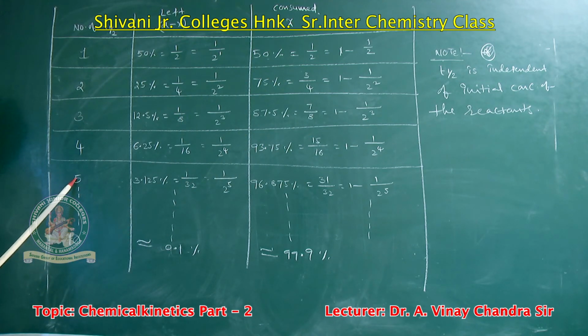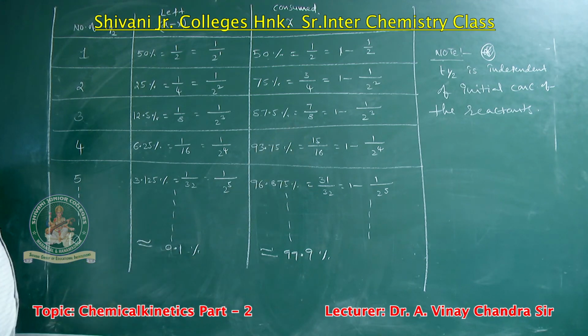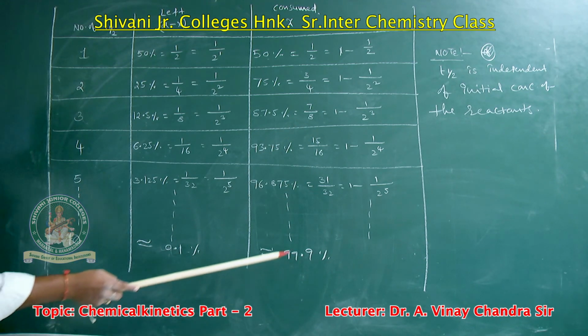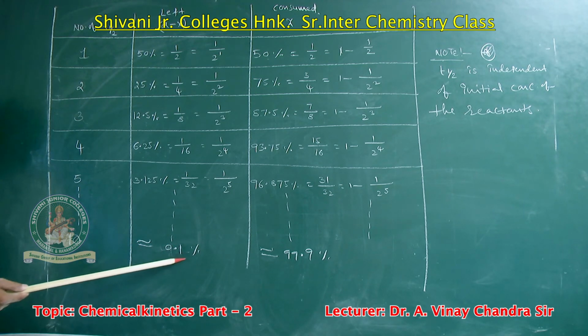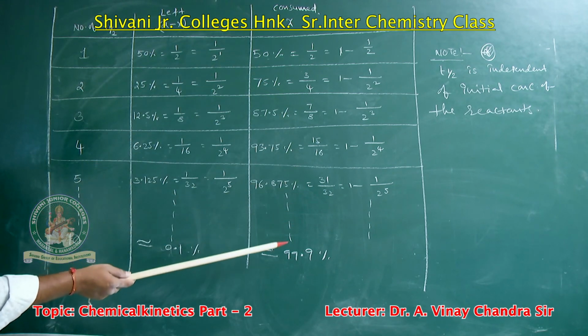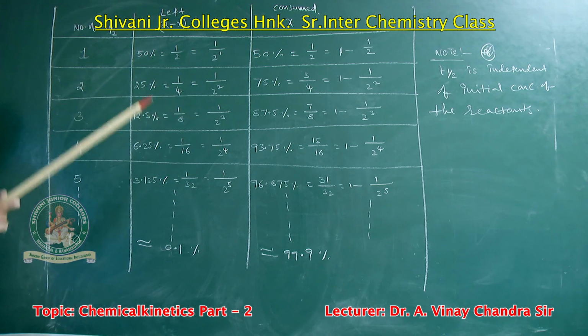Next, for 5 t halves the leftover is 3.125%, that is 1 by 32, and the product is 96.875%. Continuing to approximately the 10th half-life, the leftover material is about 0.1% and the completed material is approximately 99.9%. So this is the direct technique for how many t halves there are and how much percentage is completed.